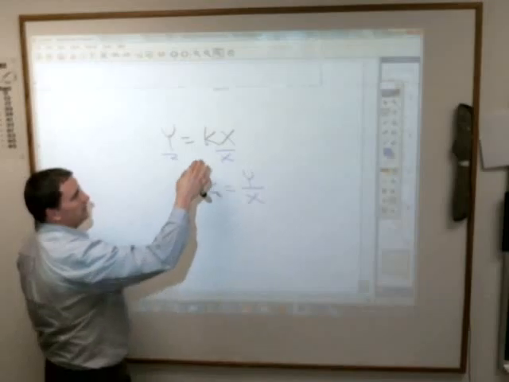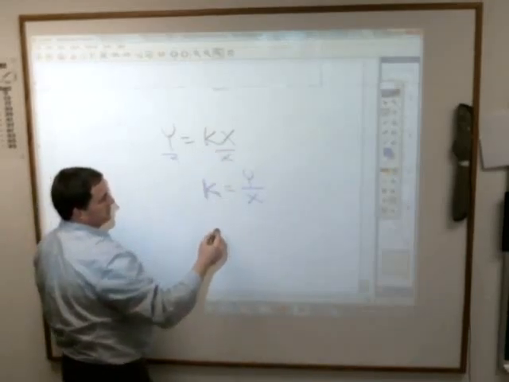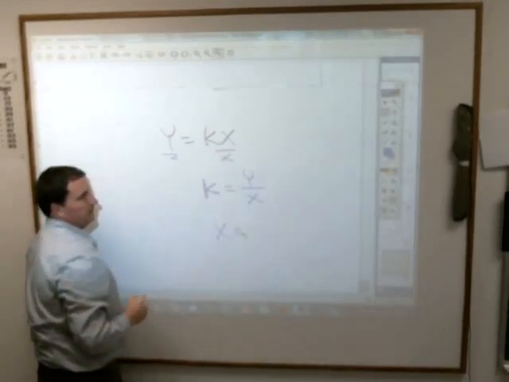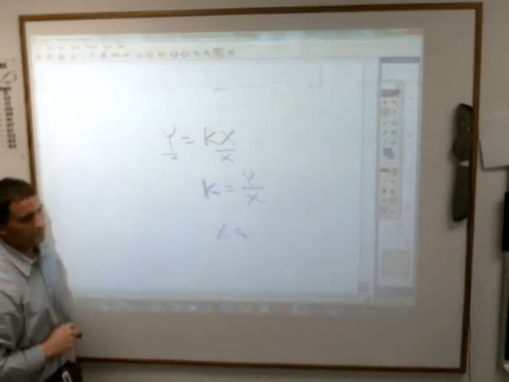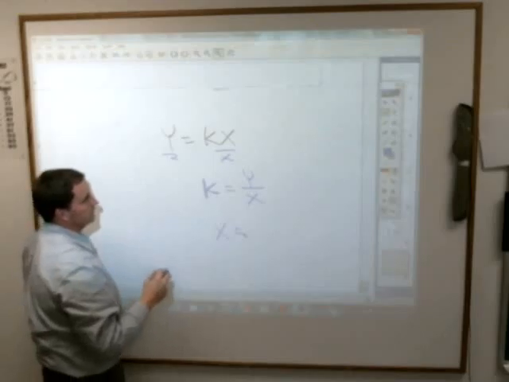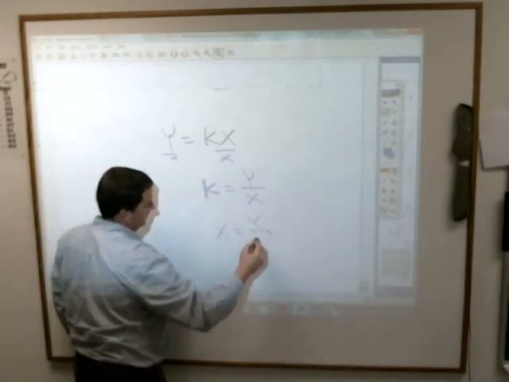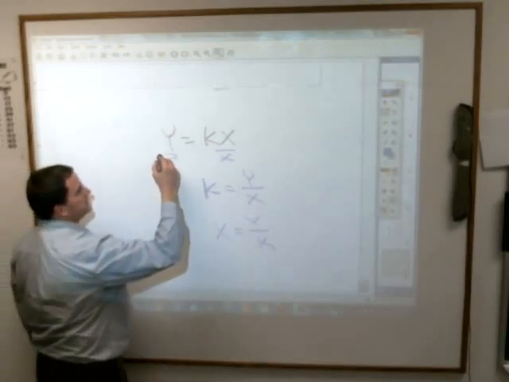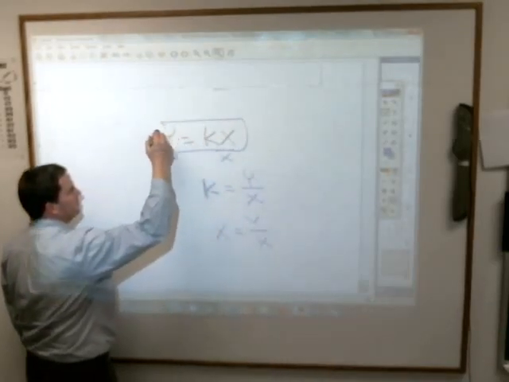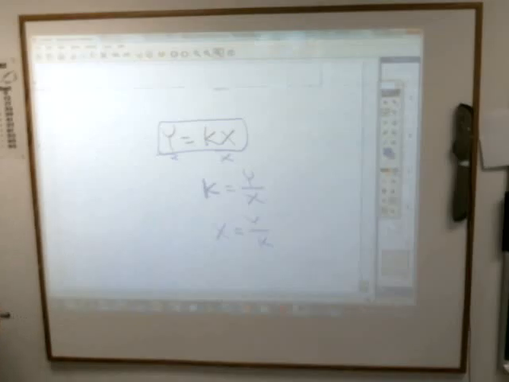You could also solve for x. If I solved it for x, x equals y divided by k. But usually this is the form that we pretty much always go with.